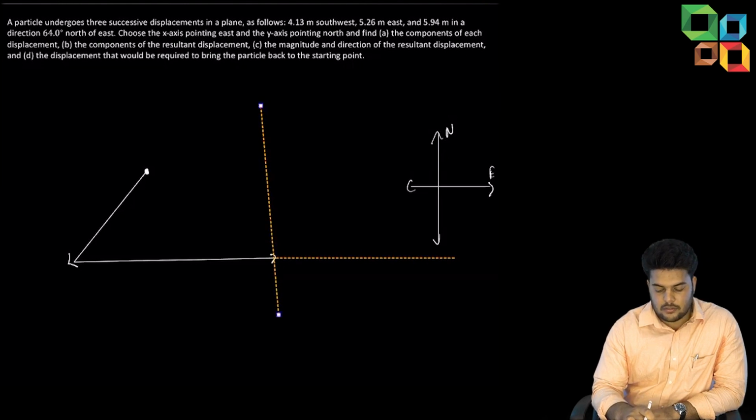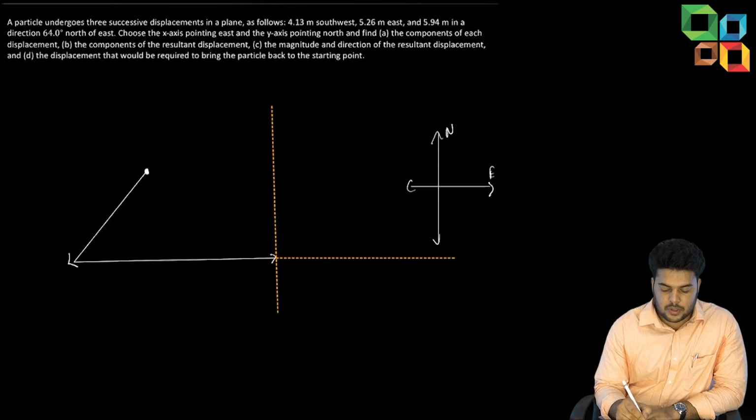Just drawing directions there. So I have to go 64 degrees north of east. So from the east direction, I have to go 64 degrees. And how much do I have to go? I have to go 5.94 meters.